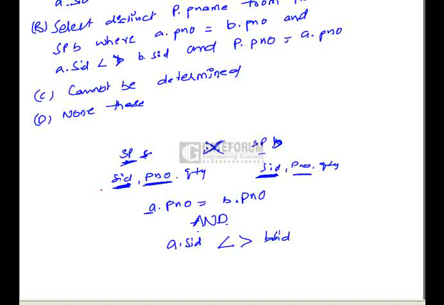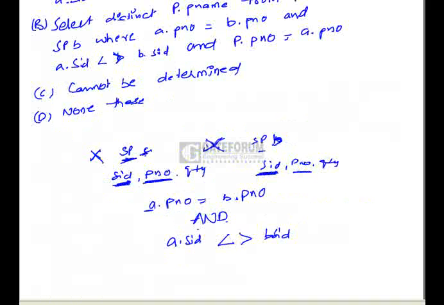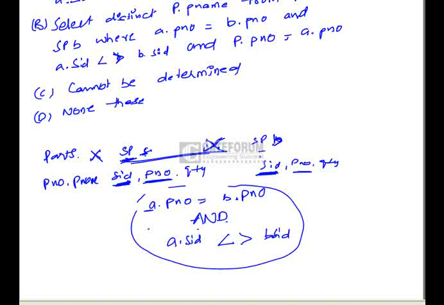Here we will be getting all the part numbers, but we want part names. So again we have to do cross product with table parts. So here we will be having P number and P name. By combining these two tables, with these conditions, we will be getting all the part numbers having more than one supplier, but we want part names, so we have to combine with this table.